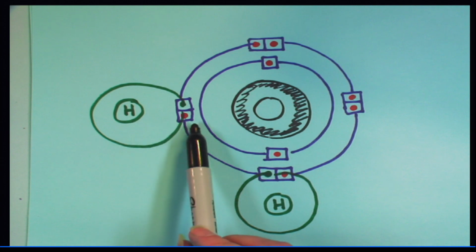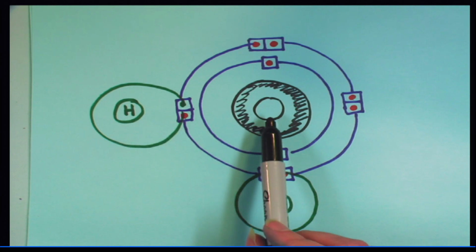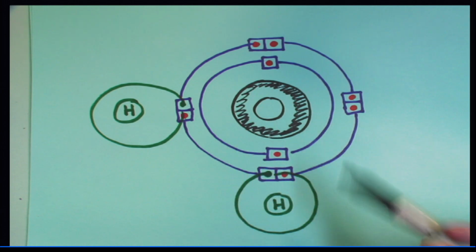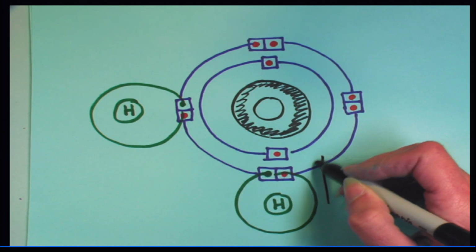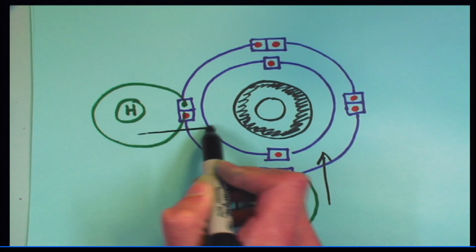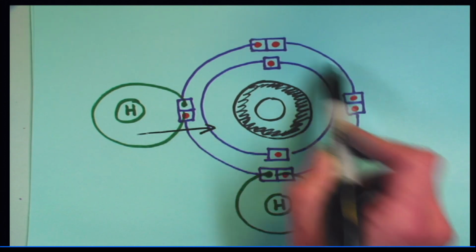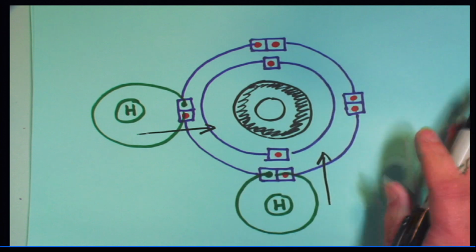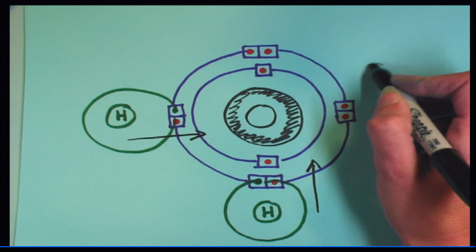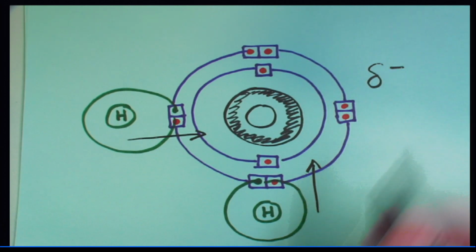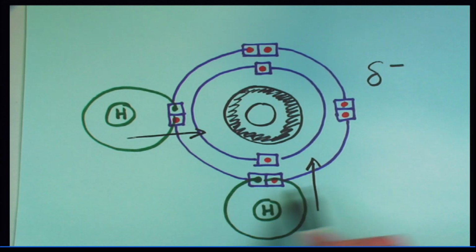Same thing with this pair of electrons here that were shared between this hydrogen atom and this oxygen atom. As a result, the electrons are pulled towards this oxygen, and it makes this side of the molecule much more negative. So we would show a sigma and a negative to denote a partially negative charge over here.